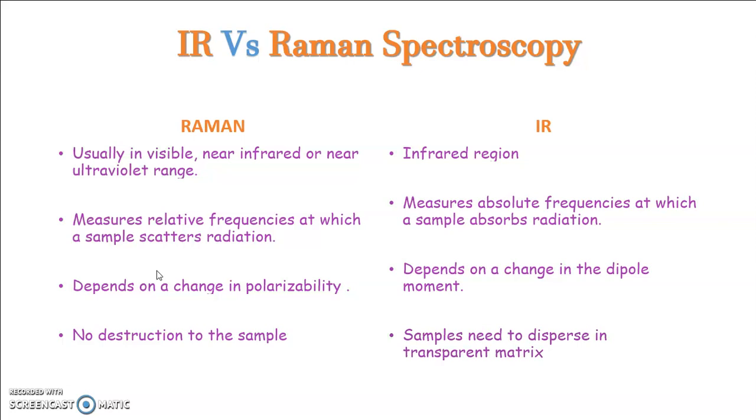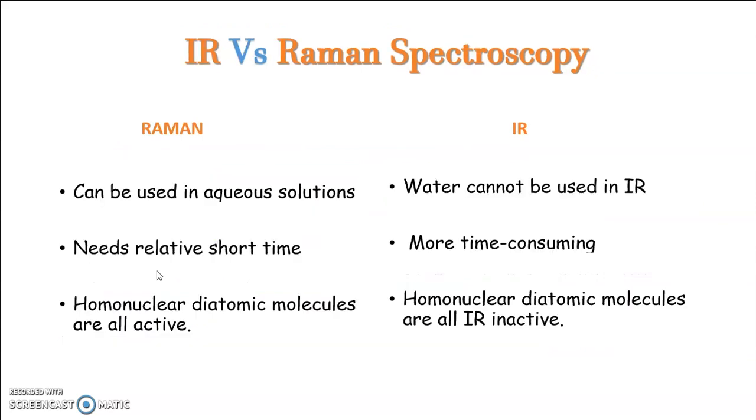For example, we have to grind the sample in solid KBr, that is potassium bromide, for the analysis. Raman spectroscopy can be used in aqueous solutions, while water absorbs IR light strongly and affects the IR spectrum, so water cannot be used as solvent in IR.